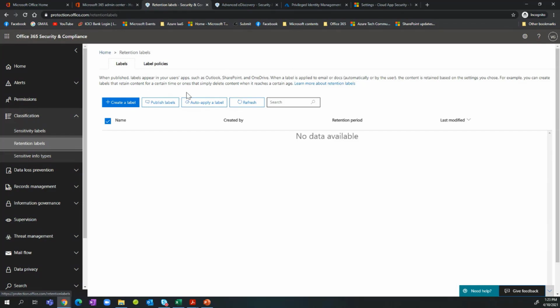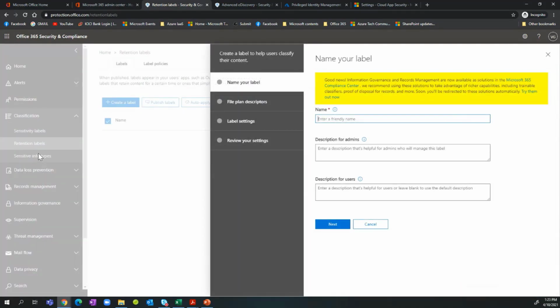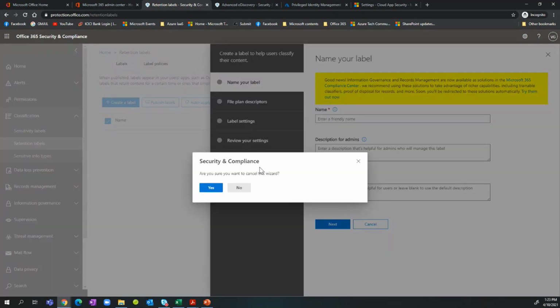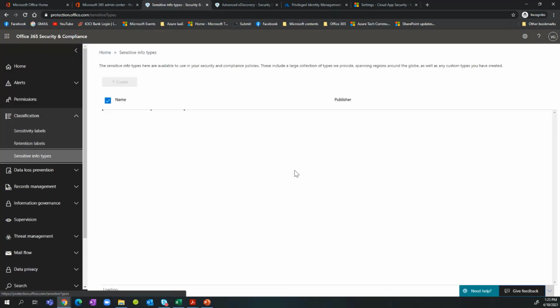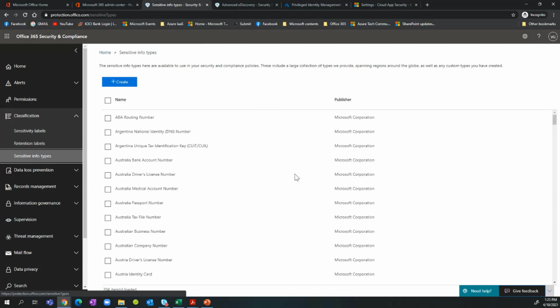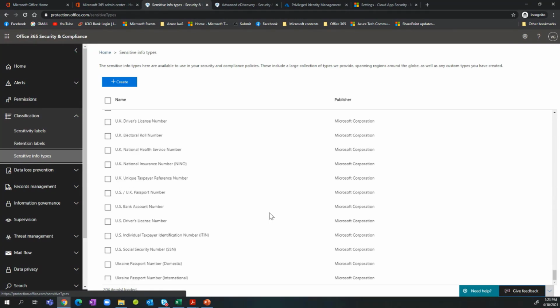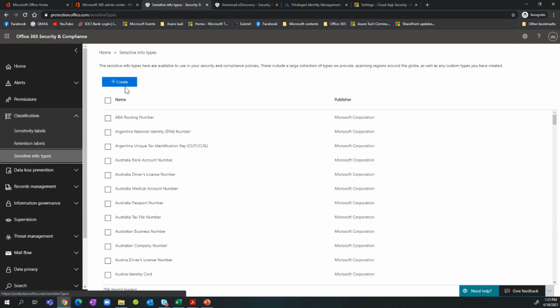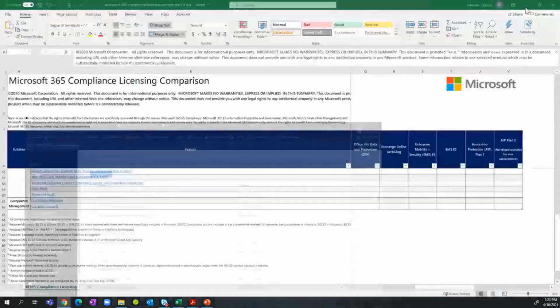For those kinds of scenarios, you can go ahead and create these labels and take advantage of that also. And then you can also go ahead and classify your sensitive info types, about what kind of info types you want to create, right? These are all the different kinds of PHI and PII information that you can have. And if something you're looking for is not there, you can also go ahead and create your own pattern, that I was talking about.